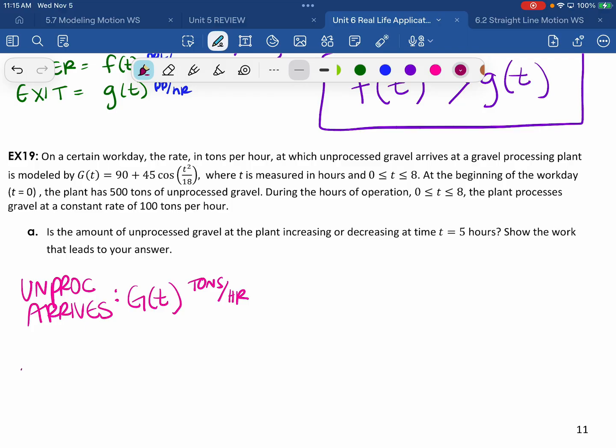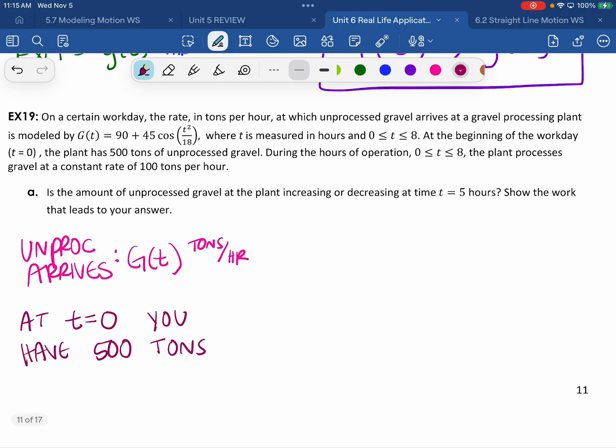All right, at t equals 0, at the beginning of the workday, you have 500 tons. You're starting with 500 tons of gravel. And during the hours of operation, you process gravel at a constant rate of 100 tons per hour.